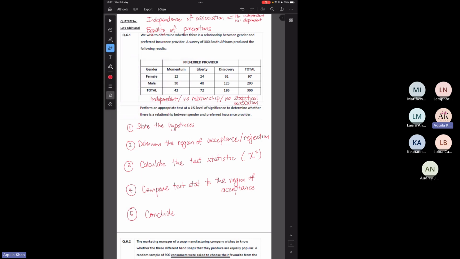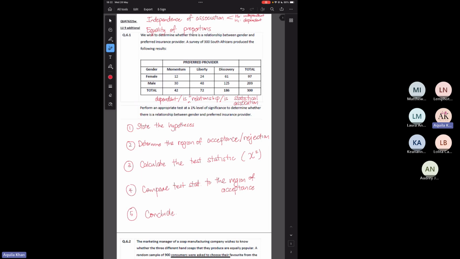So I'm just going to show you if we did say that there is dependence, then we could say this. So you could say that they are dependent, or that there is a relationship, or you could say that there is statistical association between the two variables. Okay, so this is always the case for a test of independence.